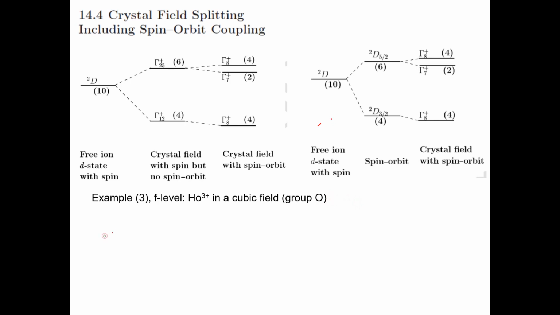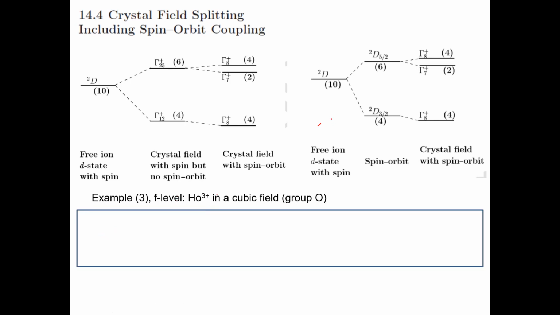Okay, so the first case is, for instance, the holmium 3+ ion. Holmium 3+ has an electronic configuration 4f10.